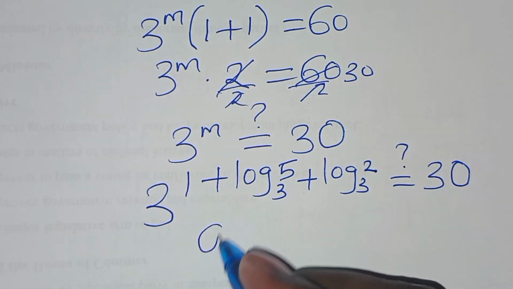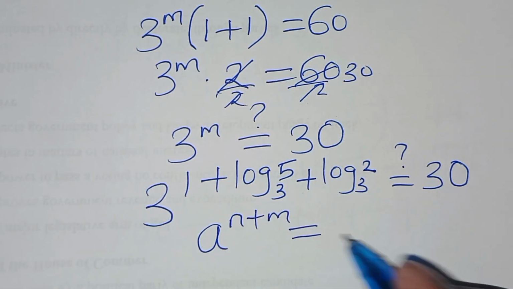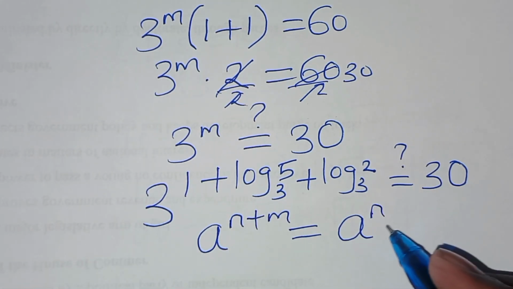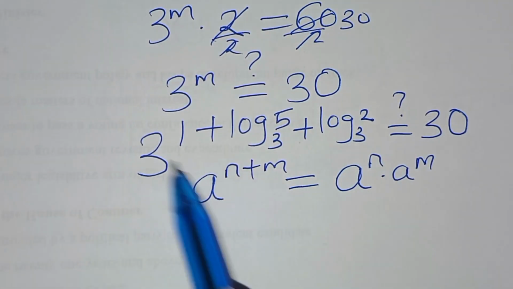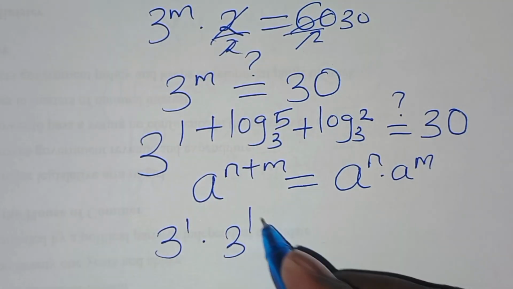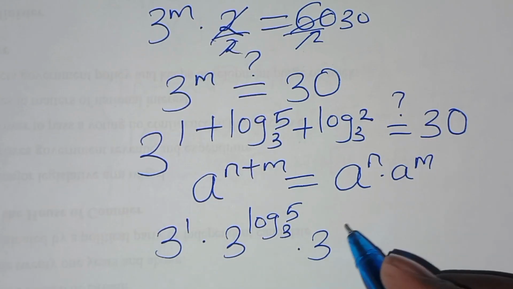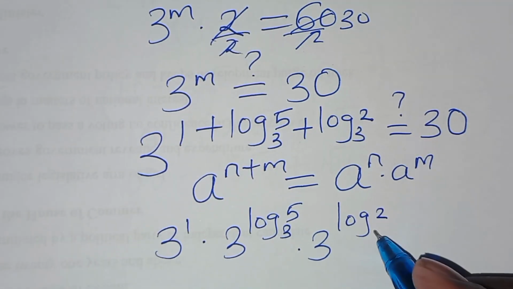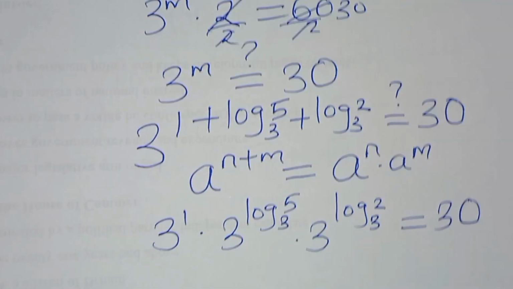This is in the form of a to power n plus m, and we can transform this as a to power n times a to power m. Applying this exponent property, then here we have 3 to power 1 times 3 to power log 5 to base 3 times 3 to power log 2 to base 3. This is supposed to give us a value of 30.